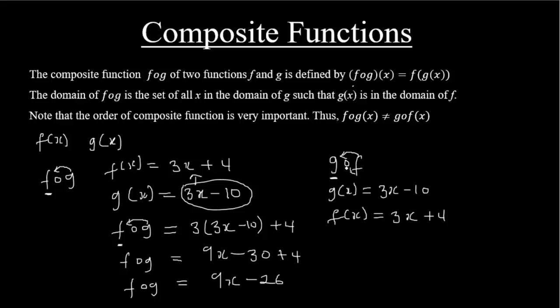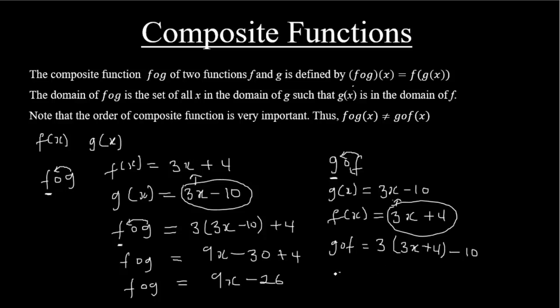So wherever we see x in g, we put the whole function f into it. So g of f, g is 3x, but what is x here? This x is going to be replaced by the whole of this function f. So we have 3 times (3x plus 4) minus 10.